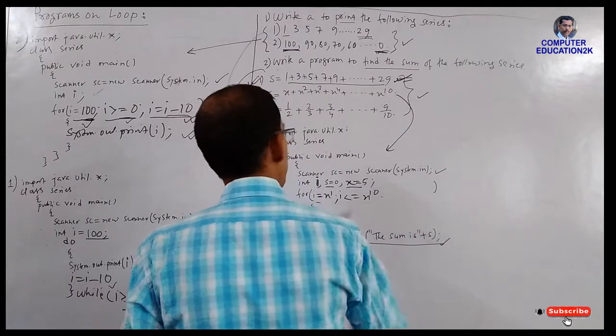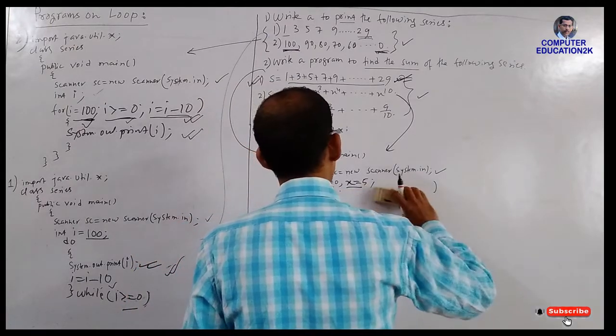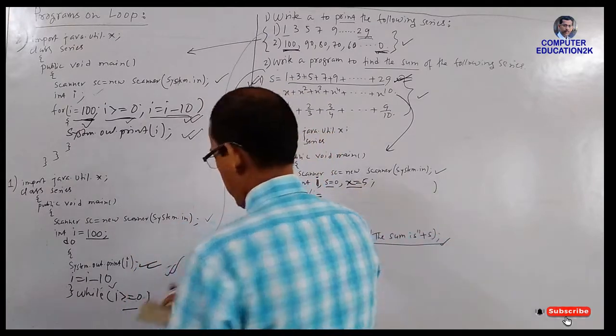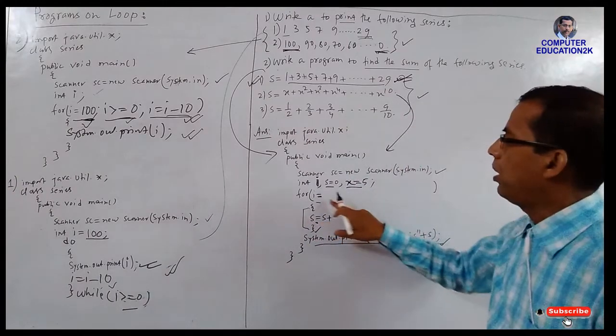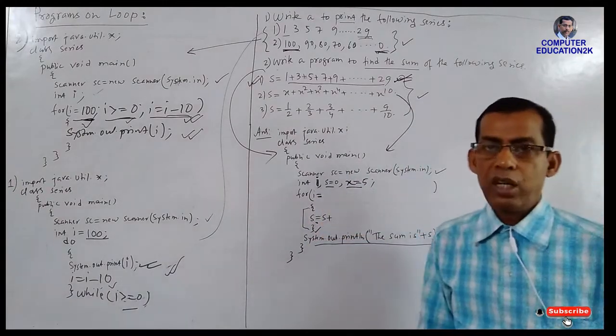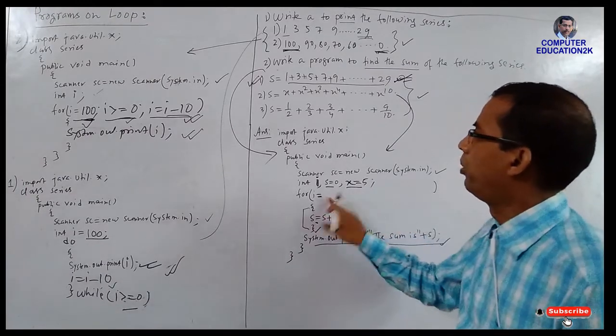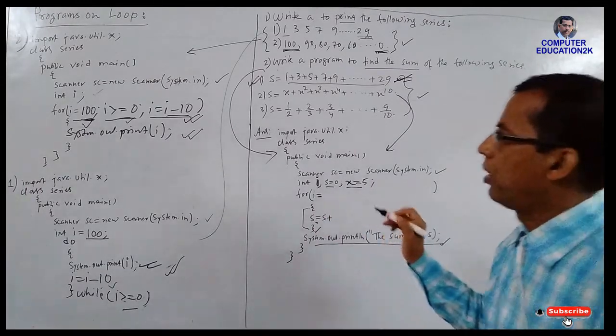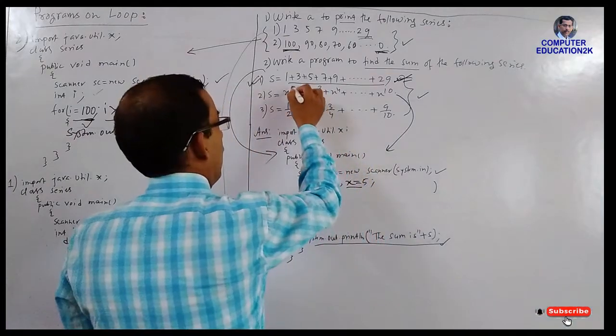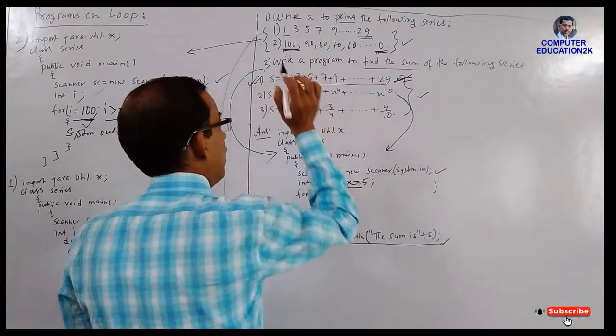You cannot write like this, because a loop should contain only the whole numbers, not any fractional value, not any variable. So you have to write here the whole numbers in the loop.